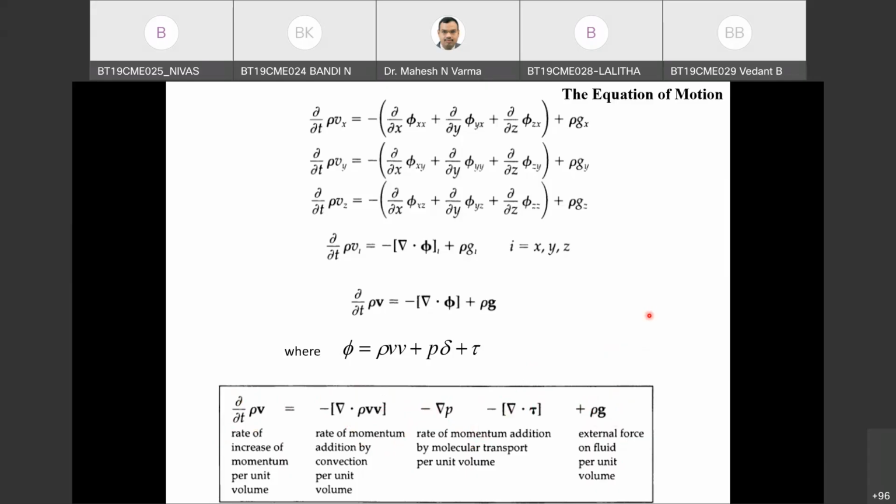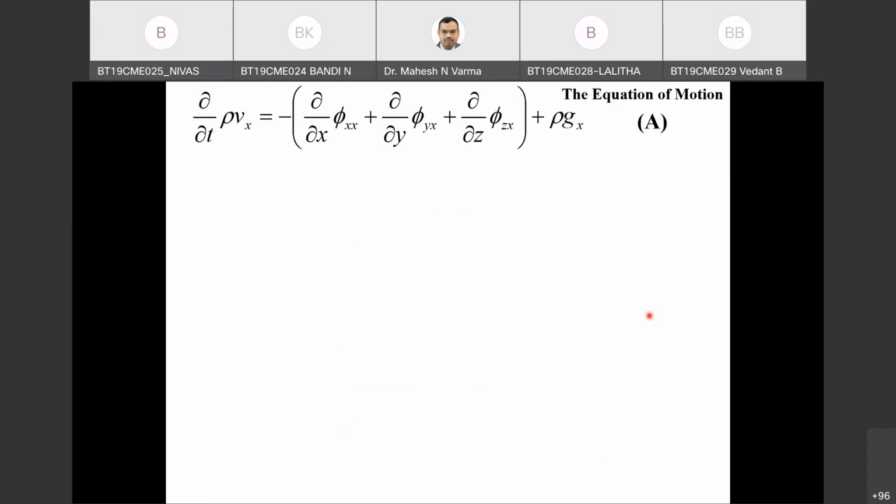We are not considering anything; this is valid for all three velocity components, and it varies in all three directions.